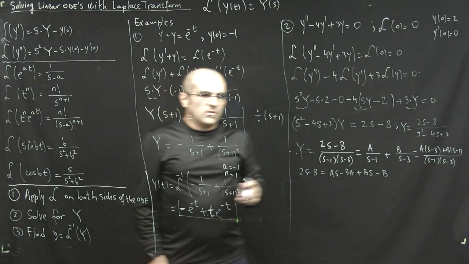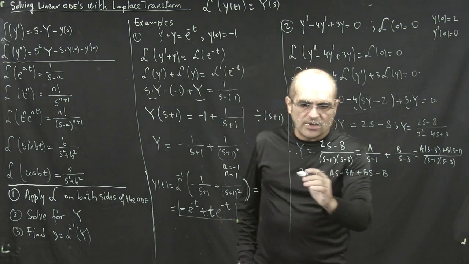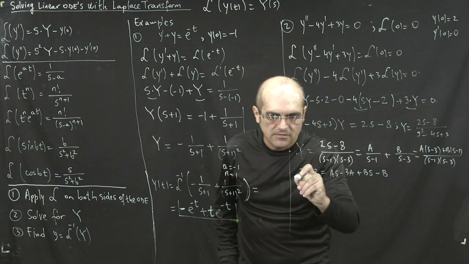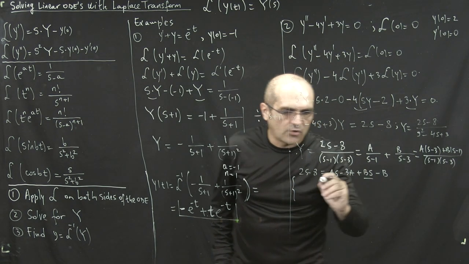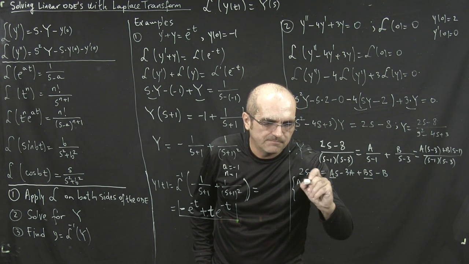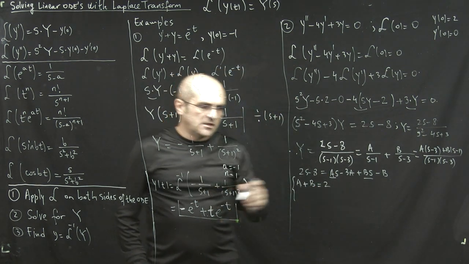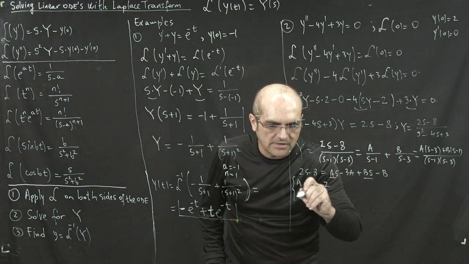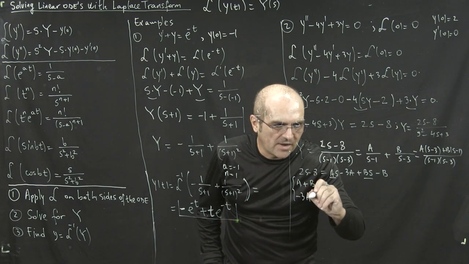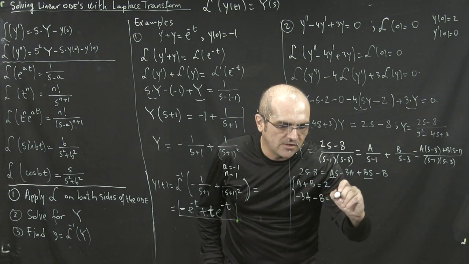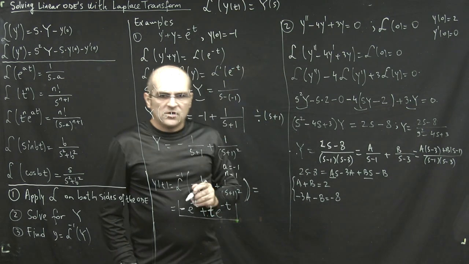Okay, so form the system in A and B, so the coefficient of s must agree. The coefficient of s comes from A plus B on the right hand side, and that's equal to 2. And then the constant term minus 3A minus B must be equal to minus 8. Use elimination.